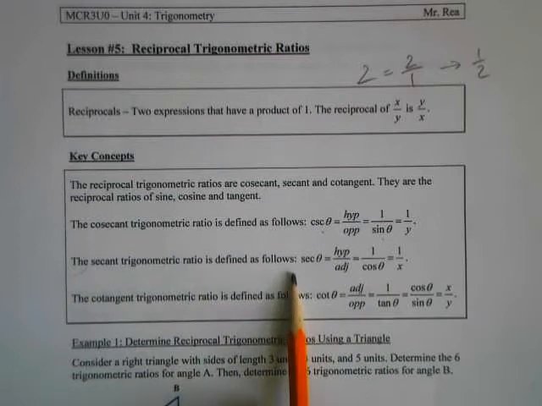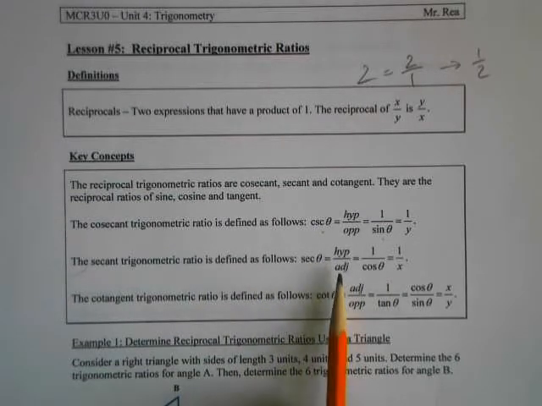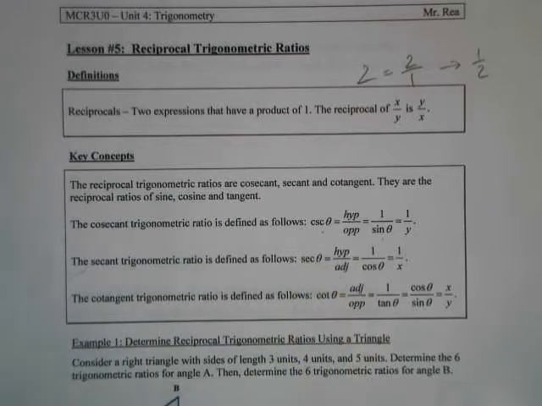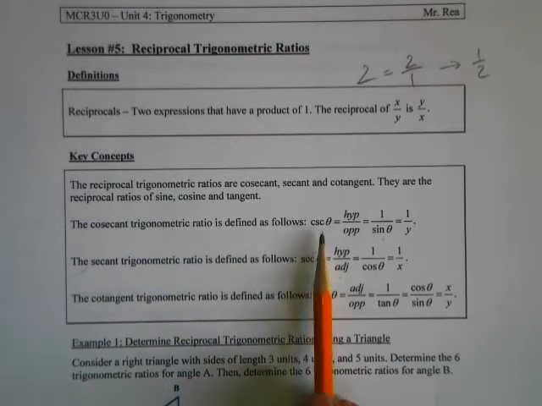Similarly, secant theta is defined as hypotenuse over adjacent, which seems familiar because that's the flipped version of what cos is. So we can write secant theta as 1 over cos theta. And you notice the lettering we're using, it's always the first 3 letters, except for this one.